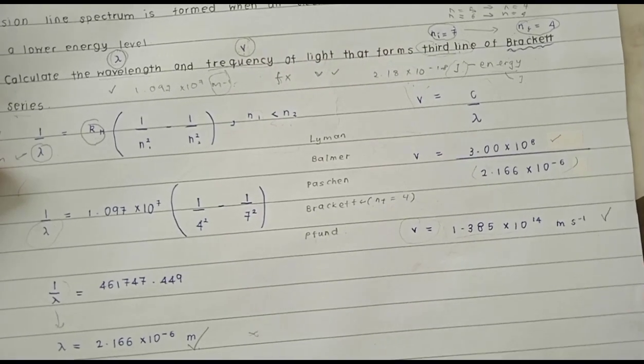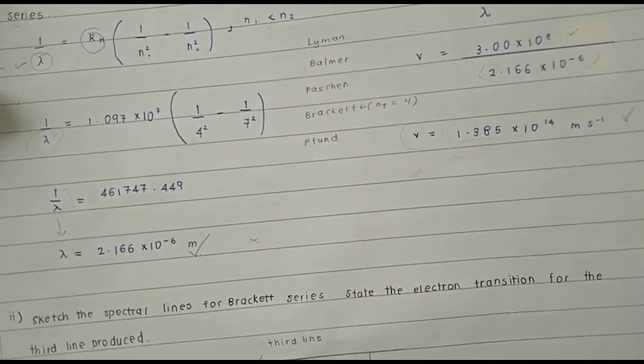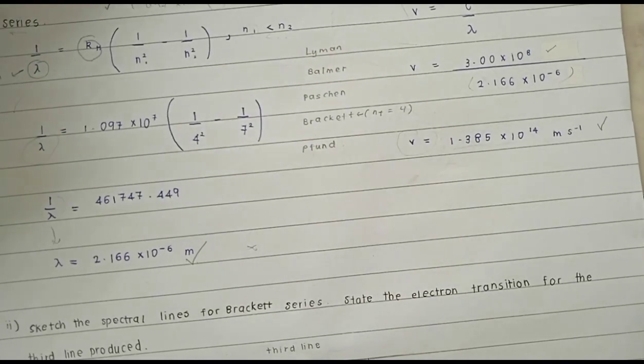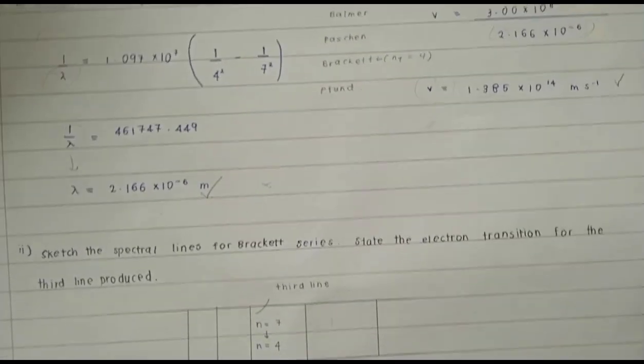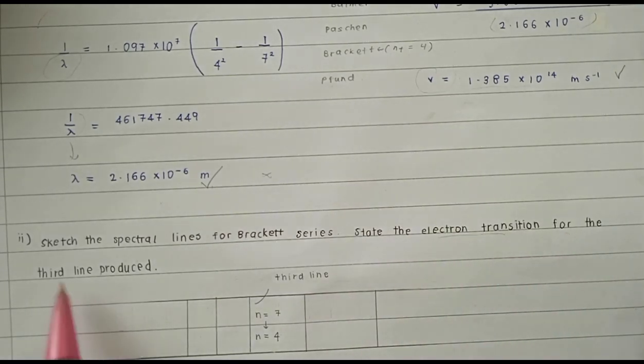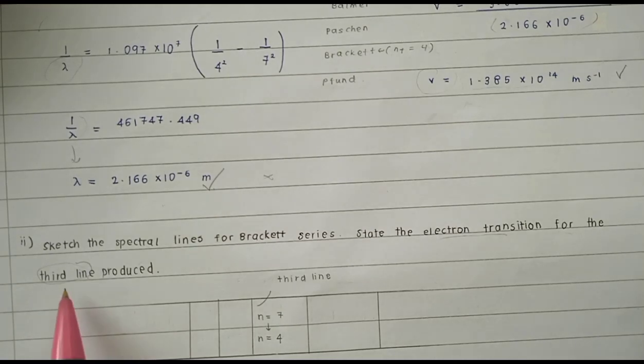For the next question, the question wants us to sketch the spectral lines for the Brackett series, and then state the electron transition for the third line produced. As we know just now, the third line is n equals 7 to n equals 4.